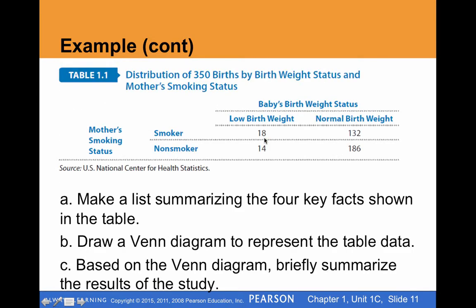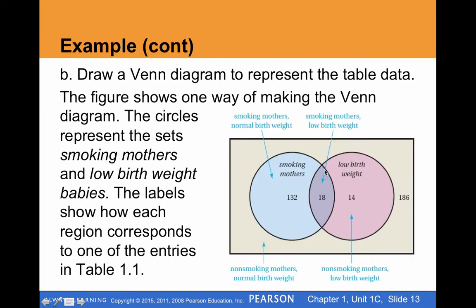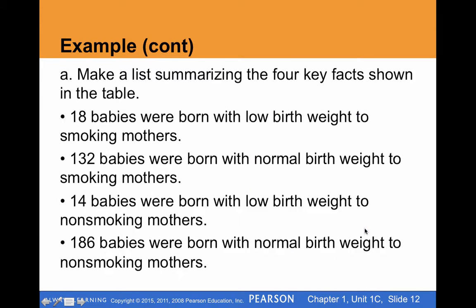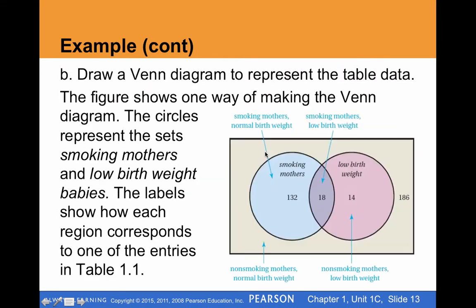So going back to the table, smoker, normal birth weight, that's 132. Alright, next, the low birth weight. These are low birth weights, but since they're not with the smoking mothers, these are the non-smoking mothers with low birth weight. So if we go to the non-smoking mothers with low birth weight, that's the 14.